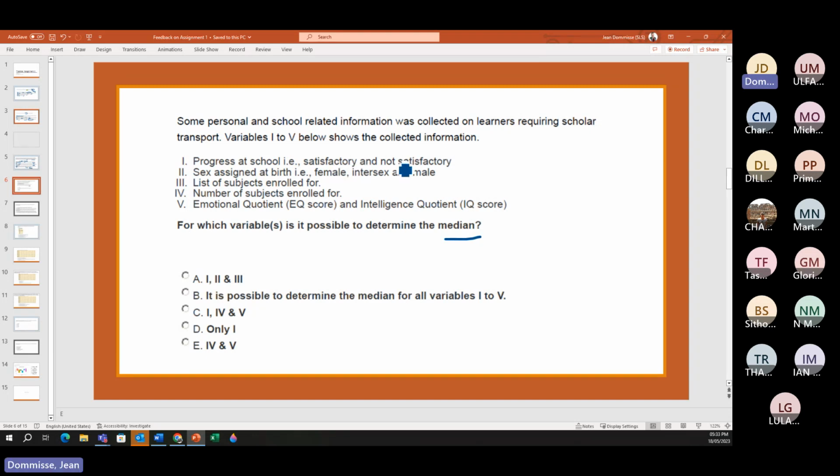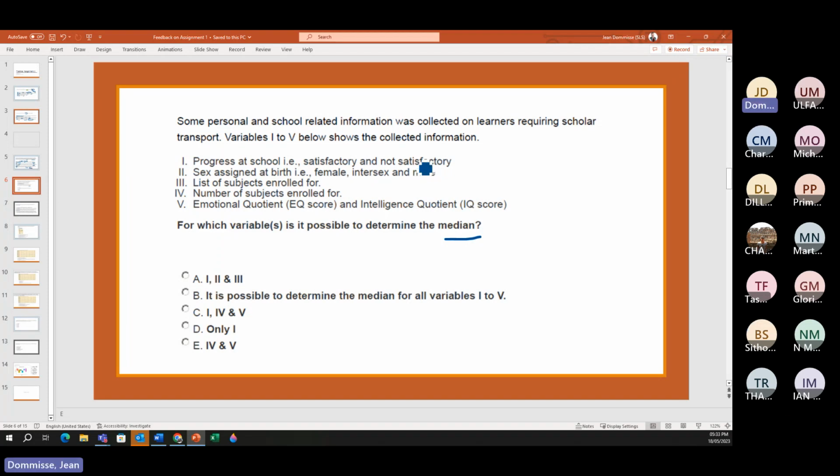Can we get a median for something like that? Again, it's nearly a yes or a no setup. Satisfactory, yes. Not satisfactory, no. So can one get a median for that? No.